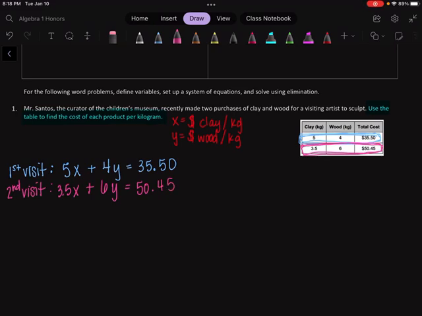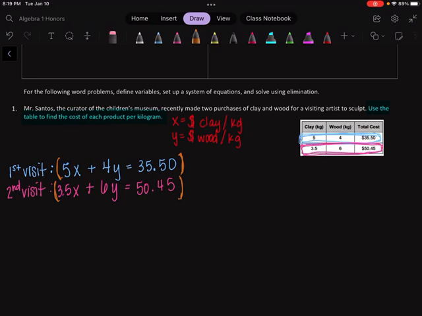So right here, you should automatically say, I'm going to cancel the y's because the x's, that 3.5, that's going to cause some issues because it's a decimal. So we'll cancel out the y's. What's the least common multiple for 4 and 6? It is 12. So I'm going to need to multiply one by a negative and the other stays.